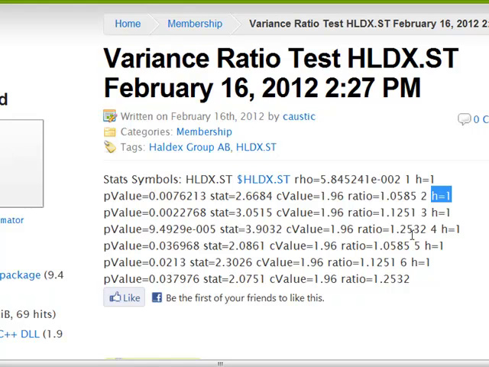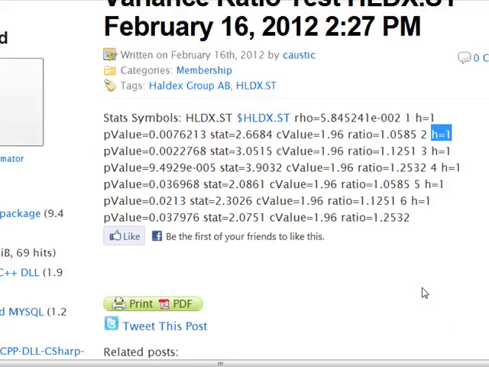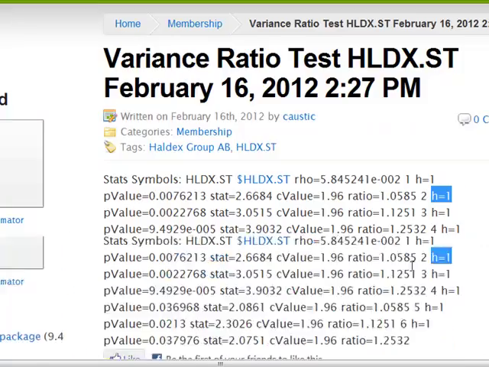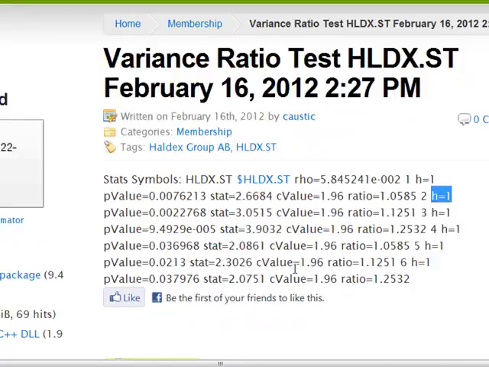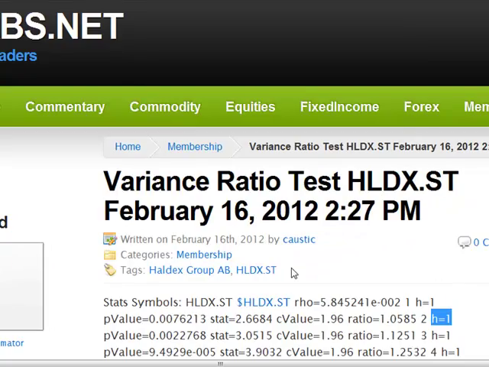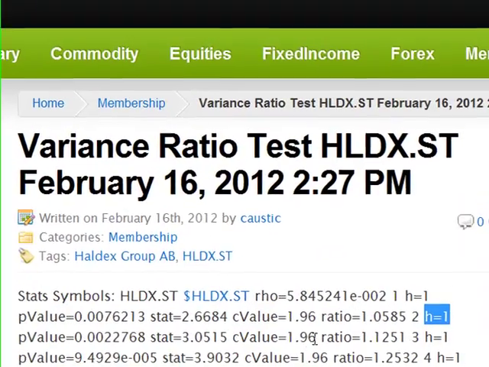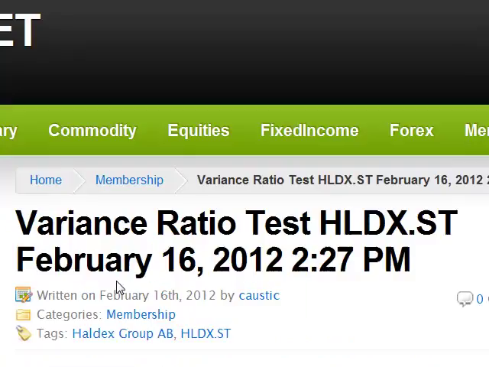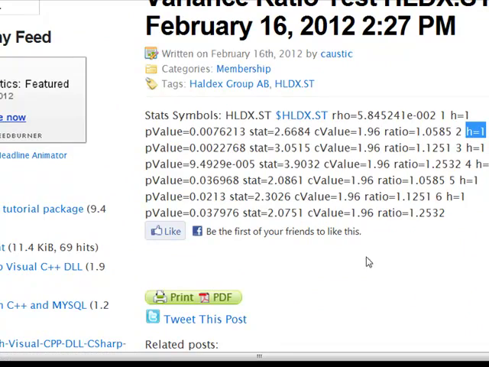Anything other than less than 1, being 0 or -1, is an indicator of market efficiency. So again, I'll be showing some of the classes online for the premium members, so everybody knows what these are, and it gives a very good quick synopsis on how everything works.